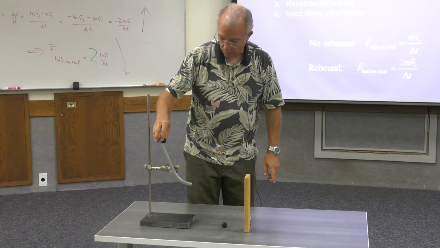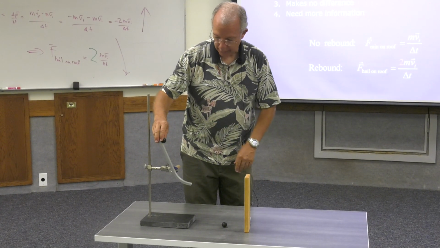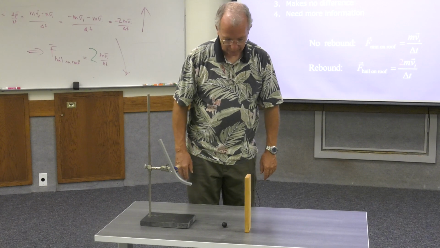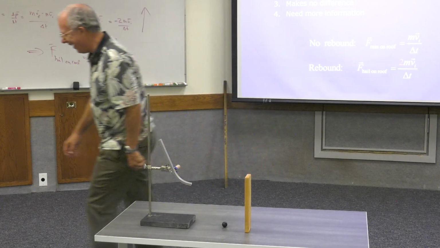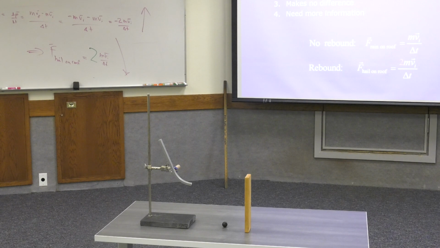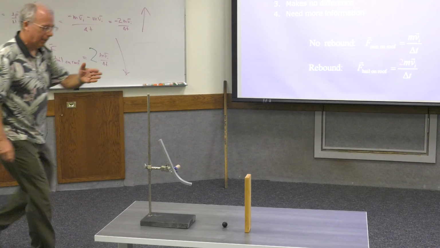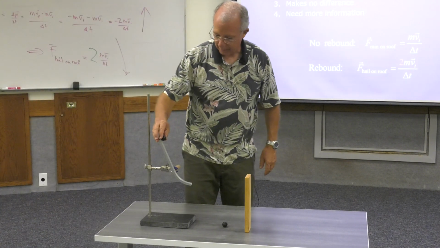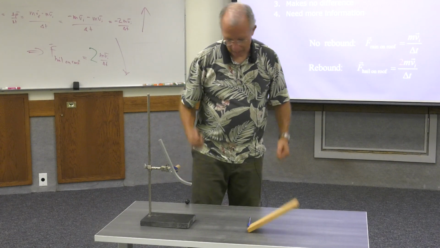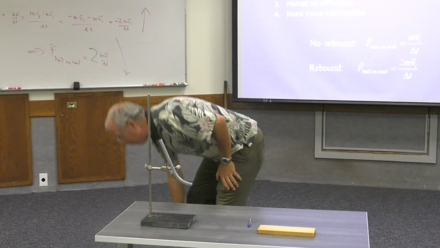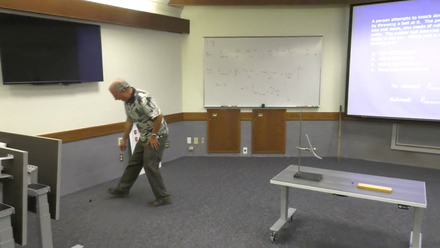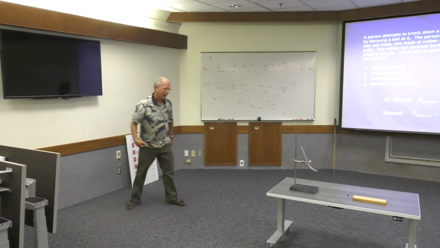I'm not cheating, I'm holding it in the same location, I'm not changing anything. Well, you're supposed to fall. Let me do it again. But you can see it was more force, right? So there you go. Factor of 2, just because of the rebound.